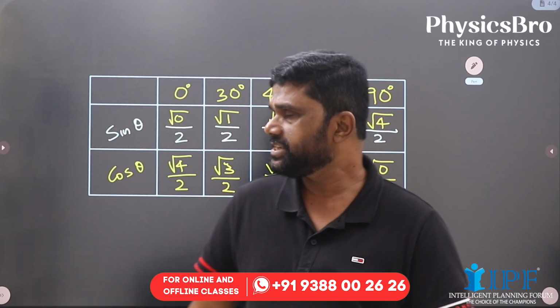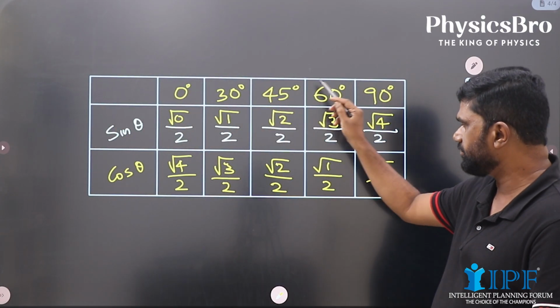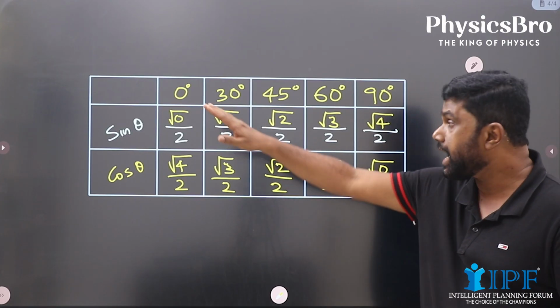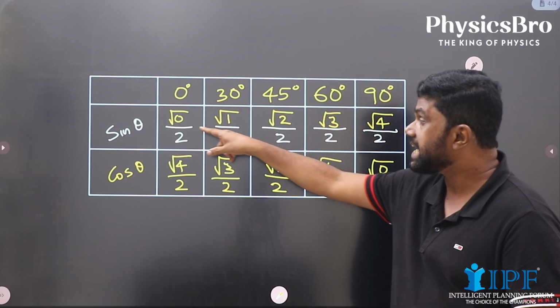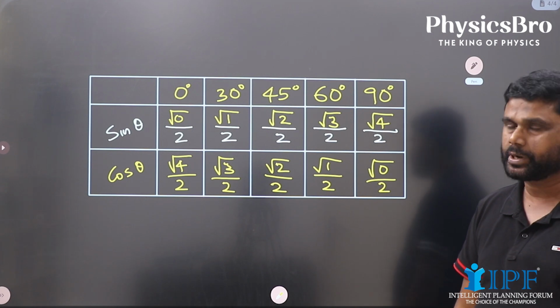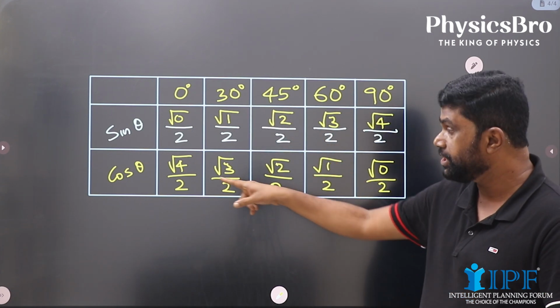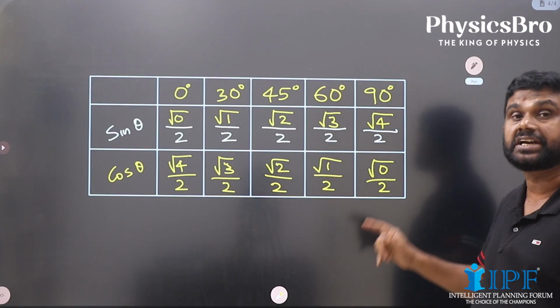Okay, now see, as the angle increases like 0, 30, 45, 60, 90, the sine function also increases. Okay, but when the angle increases from 0 to 90 degree, the cosine function decreases.